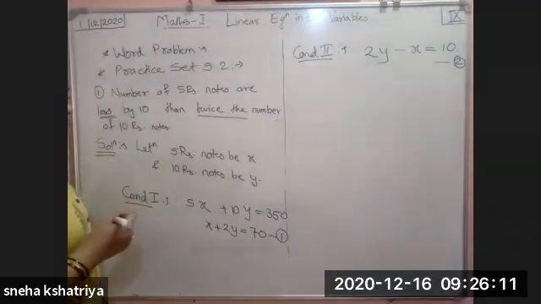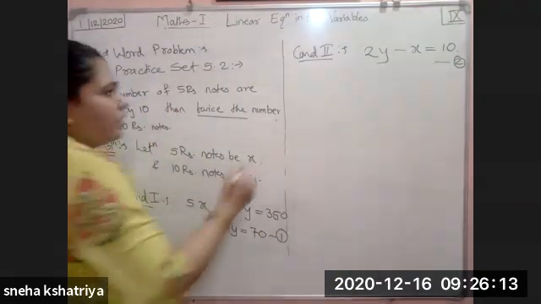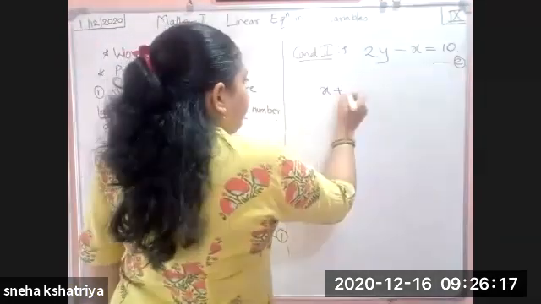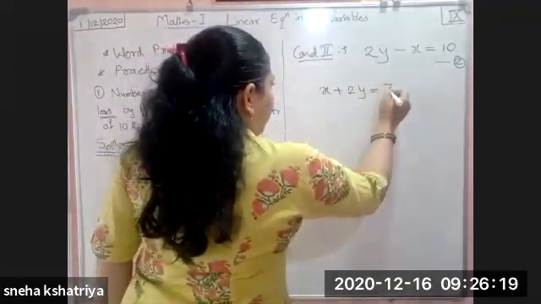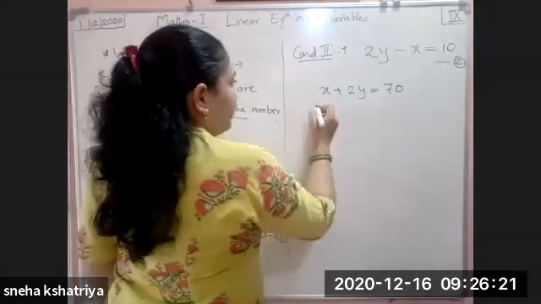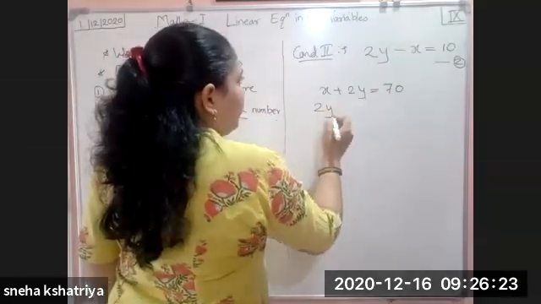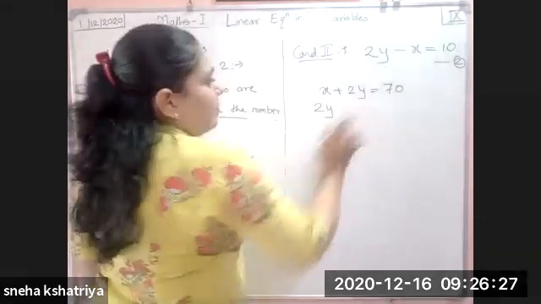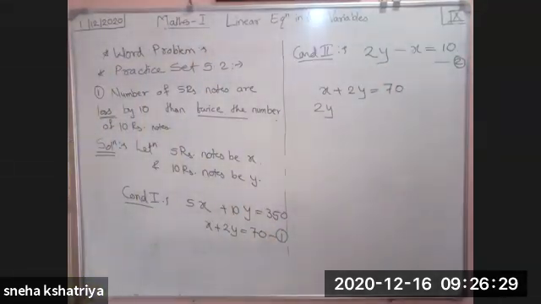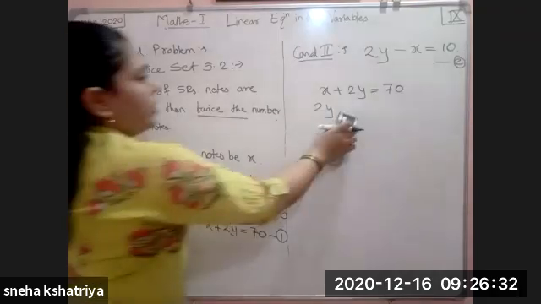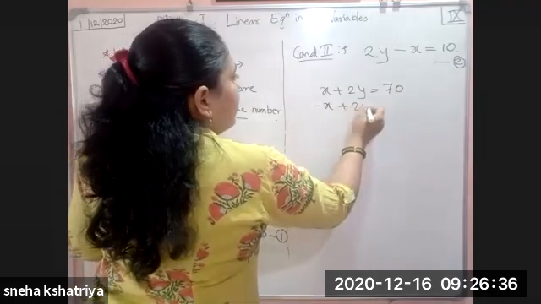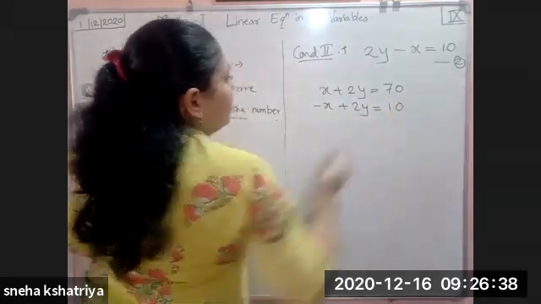Okay, so this is your equation number 2. Now write both the equations properly. So first equation is what? X plus 2y is equal to 70, and second is 2y. Write it properly. First we will write x term, then y term. Okay. So here we get minus x plus 2y is equal to 10.